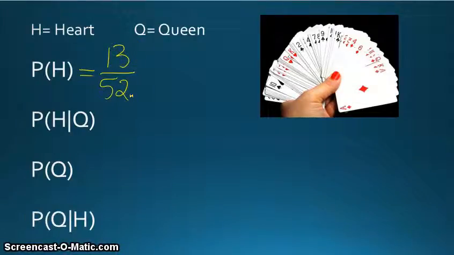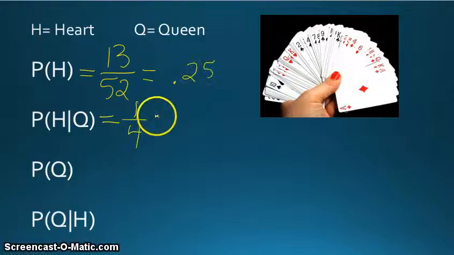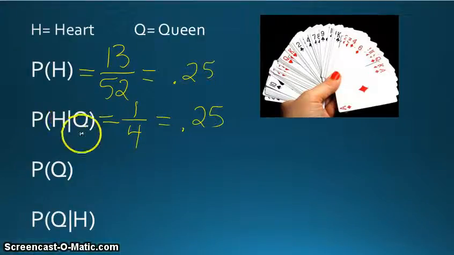The probability of a heart, given that it's a queen, is 1 out of 4. And if we reduce our 13 out of 52, it's 1/4 or 0.25. And these two are equal. So we can see that knowing that we have a queen does not change the probability of having a heart. That means we have independent events.